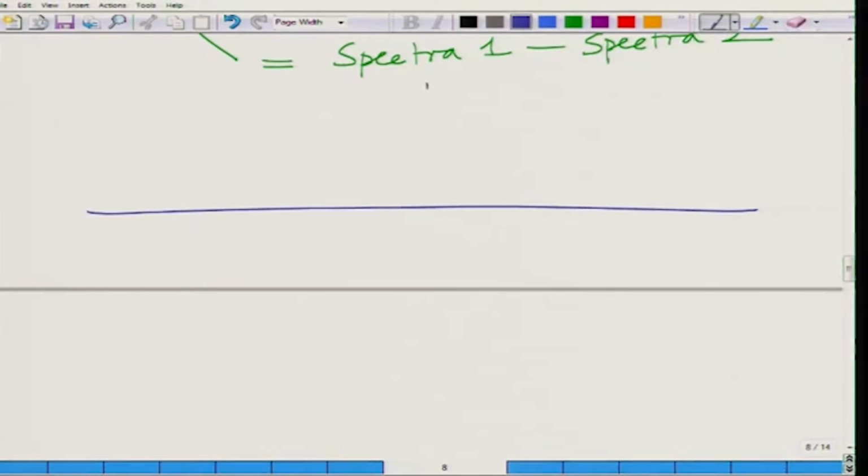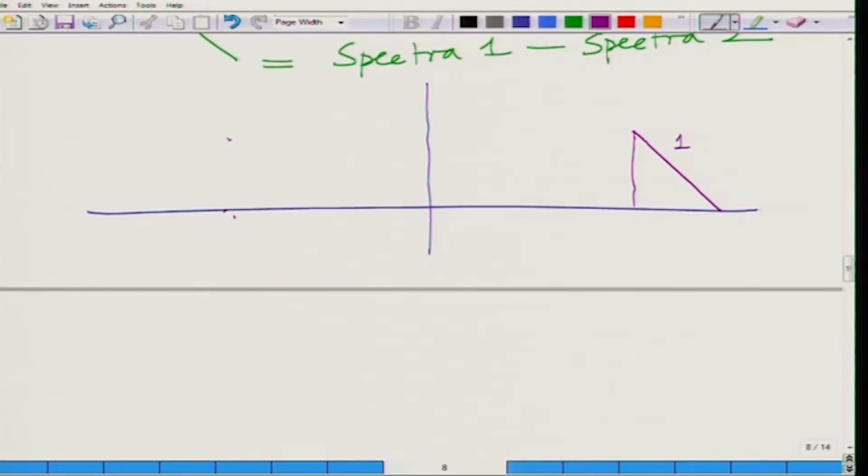In spectra 1 minus spectra 2, the factors of half and half for the upper sideband will add, giving a scaling factor of 1 for the upper sideband and a scaling factor of 0 for the lower sideband.